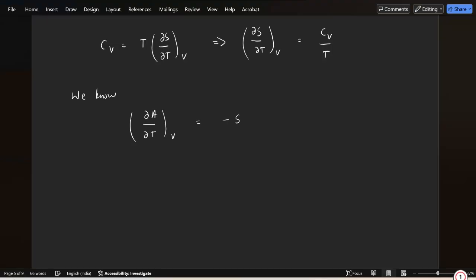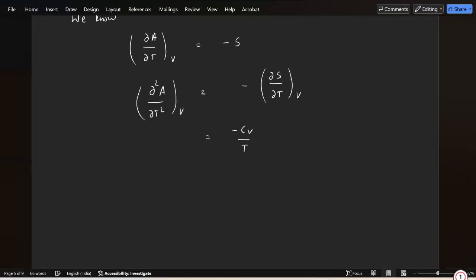So we are going to differentiate it with respect to T at constant volume. First on the left hand side, del S by del T at constant volume becomes del square A by del T square at constant volume. Now this value is equal to Cv by T, so we substitute: minus Cv by T. We just need the Cv value.